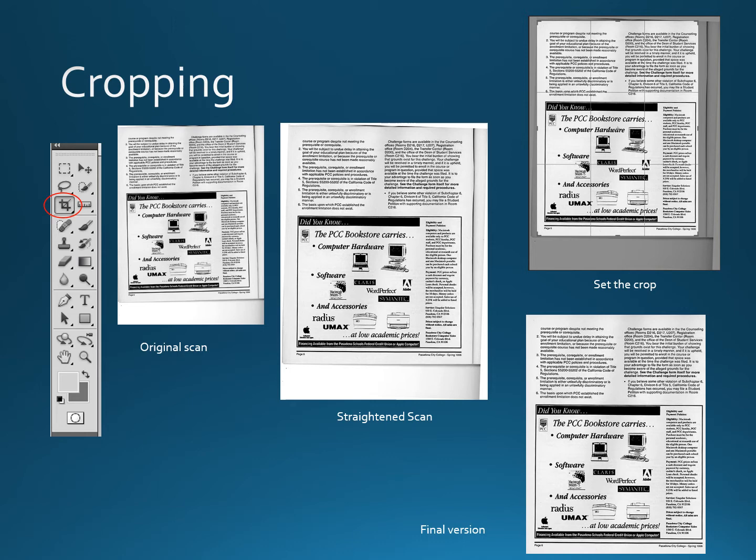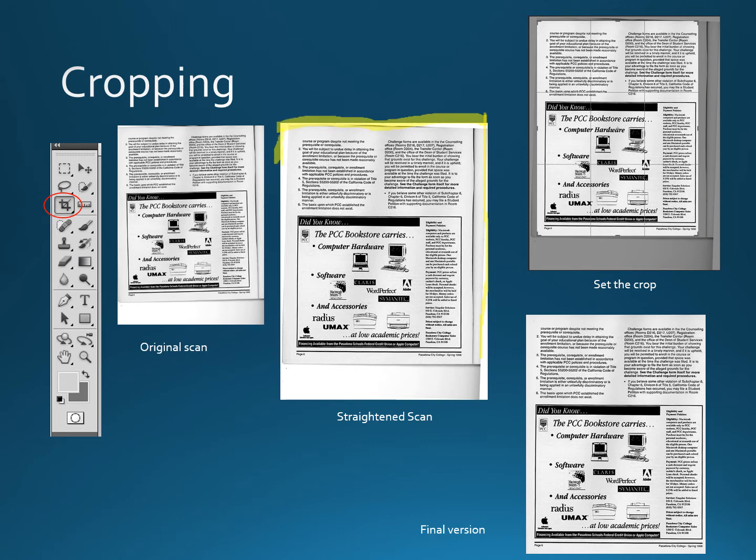So we went ahead and straightened the scan out, and so now it does look better, it's straight. But you'll notice that when we did that, now we have a lot of white space here that we don't have over here, and that's because this got shifted when it was straightened.